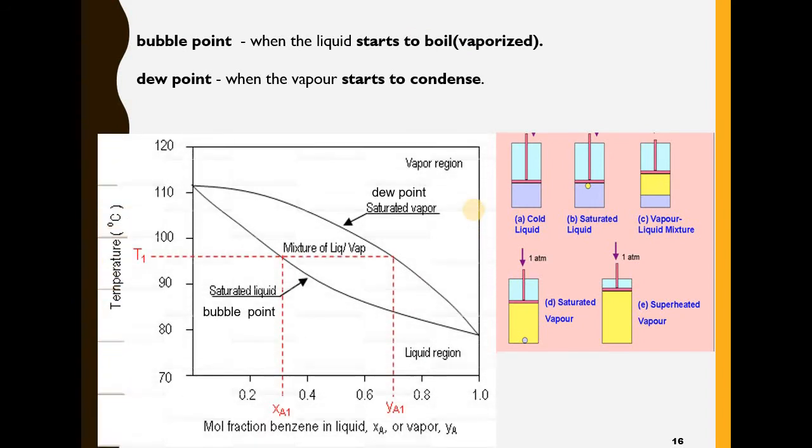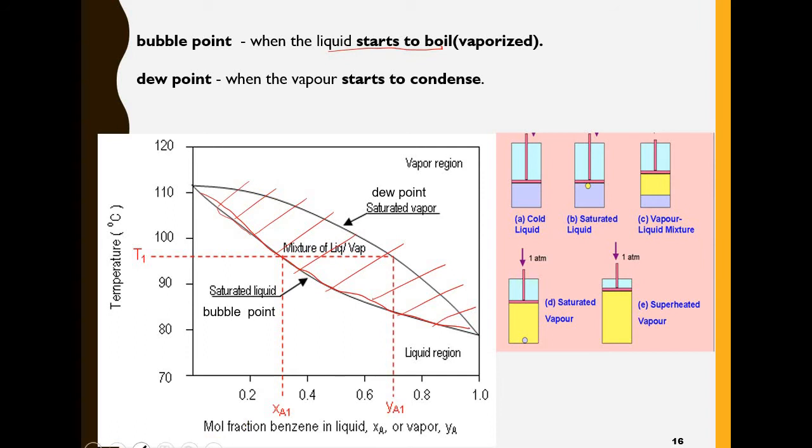So what is bubble point and what is dew point? The bubble point is the point where the liquid starts to boil, which means at the upper part of this curve, the liquid will start to vaporize.